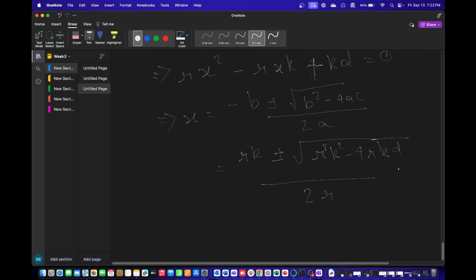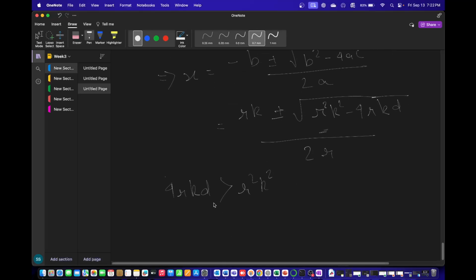So here d is your bifurcation parameter, right? So if you see the term that is inside the square root, the roots will be imaginary if this is negative. If this is negative, meaning 4 rkd will be greater than r square k square.